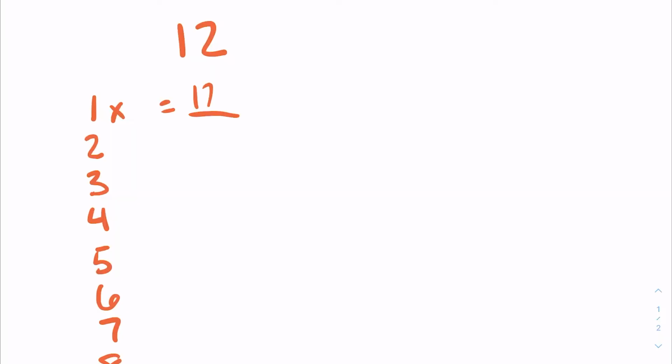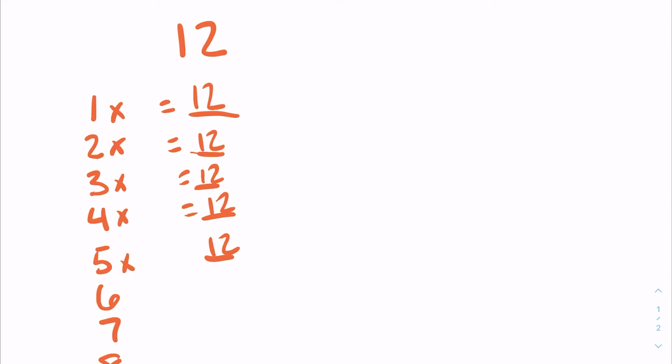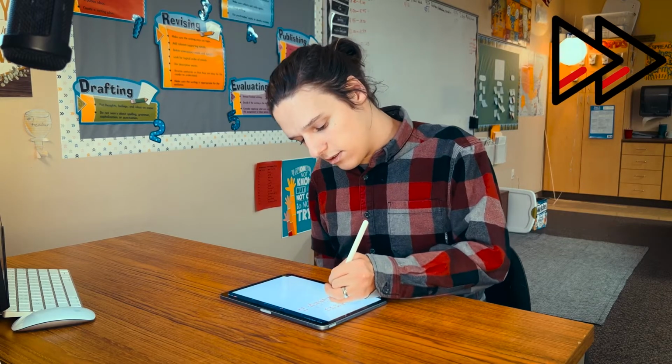That 1 times what will get me to 12? My answer is going to be 12. Every single time, with every single one of these, your answer is going to be 12, and you're going to be multiplying each of these numbers by something in order to try to get to 12.